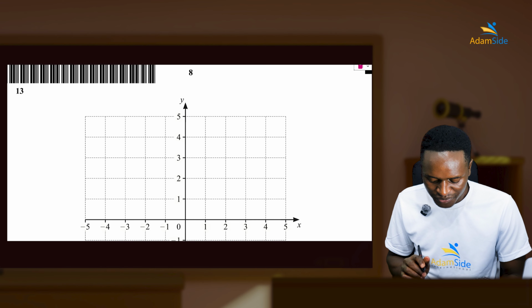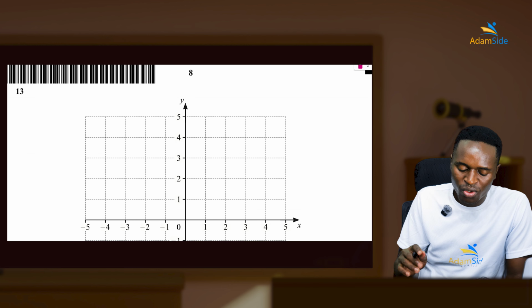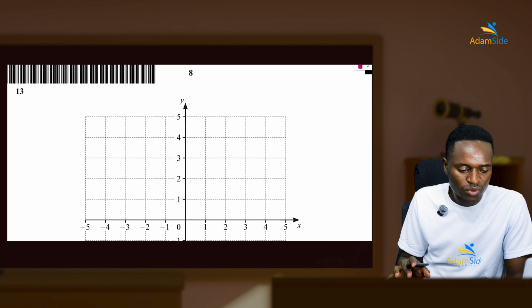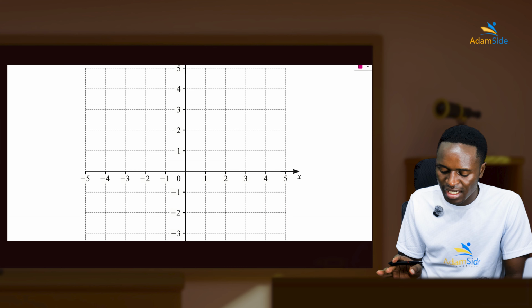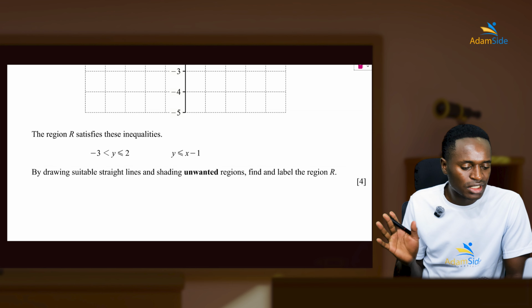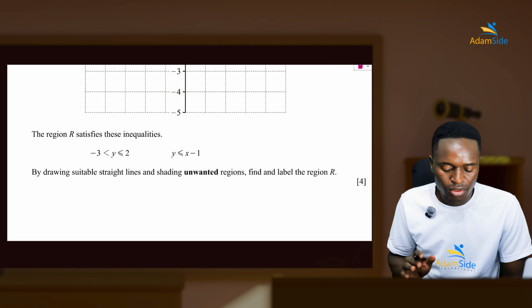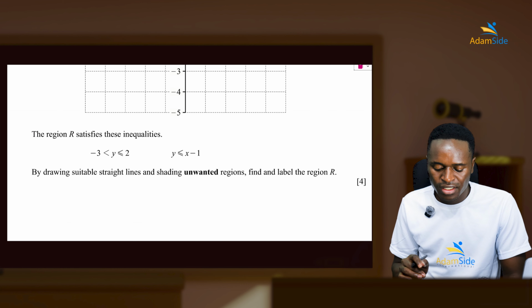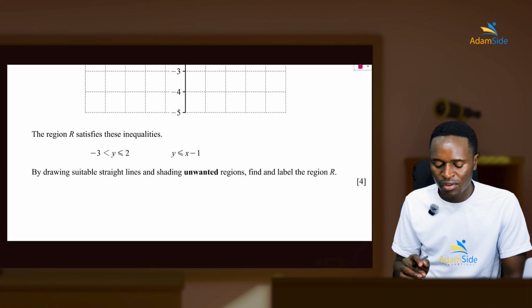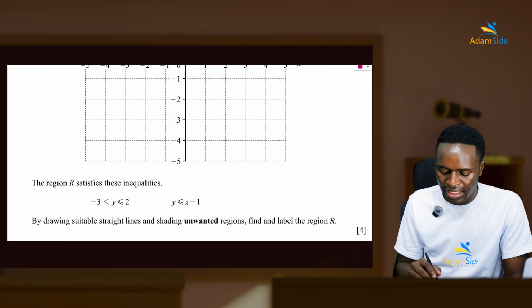Next question here, question 13. If you see a Cartesian plane, anything that deals with it is either inequalities or coordinate geometry, or maybe statistics plotting. The region R satisfies this inequality. Here they want us to show the region R. Understanding the inequality, negative 3 is less than y.